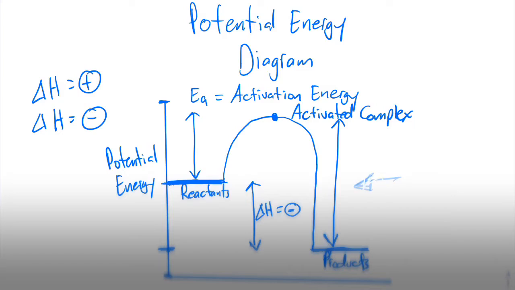We could see that energy requirement is really, really large, so it's probably not going to happen, but it is possible. Maybe not in this example, not probable, but possible. So there is actually an EA reverse. Okay, the possibility of reversing a reaction. And this is what we call a potential energy diagram.